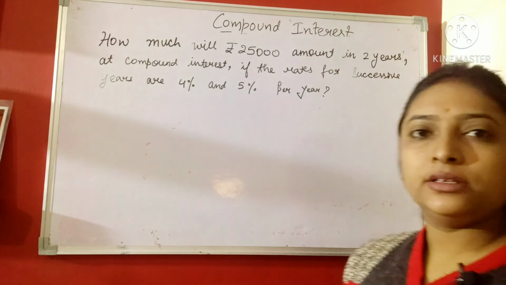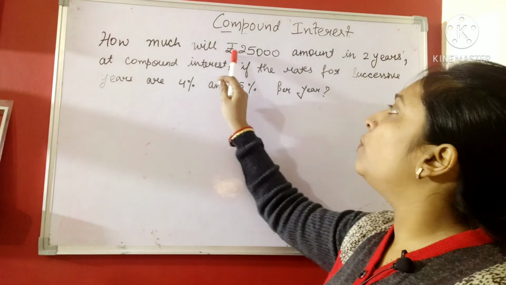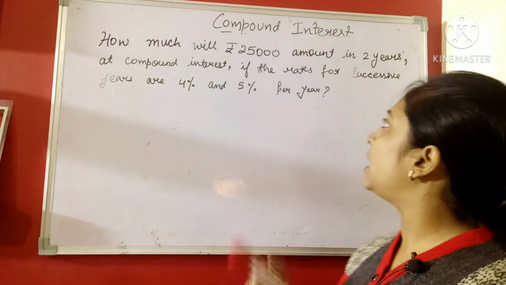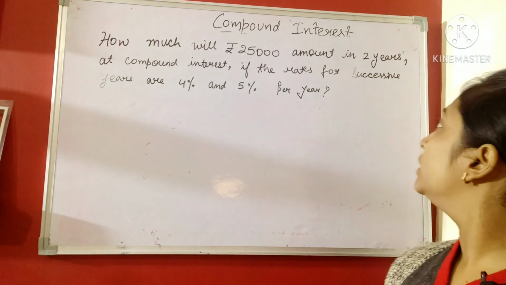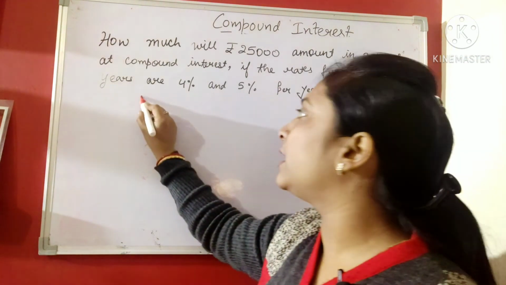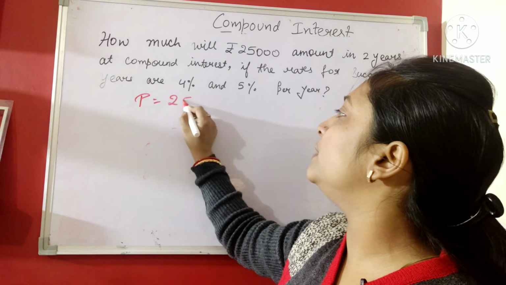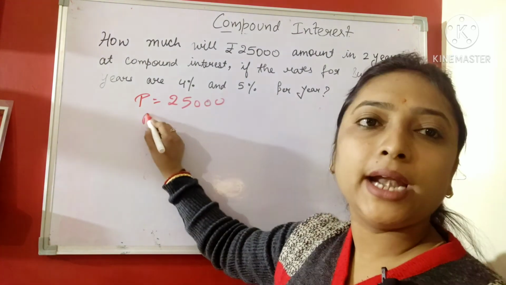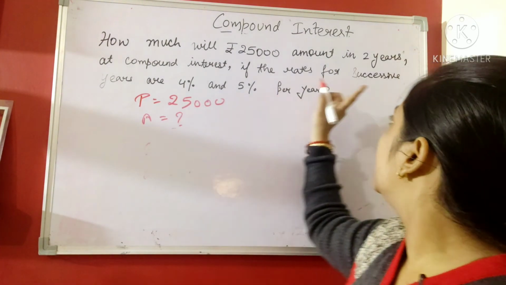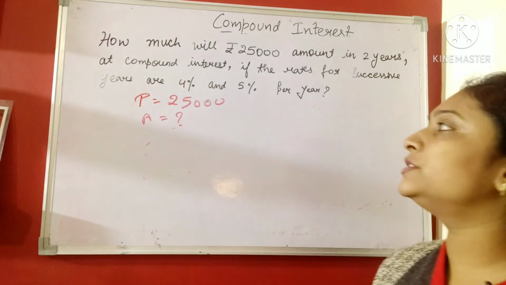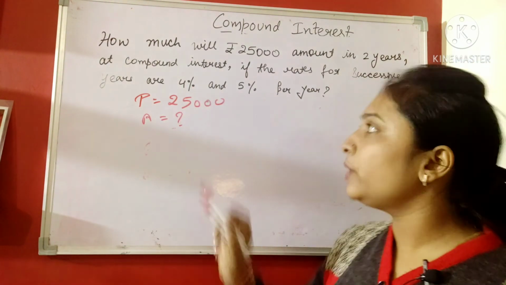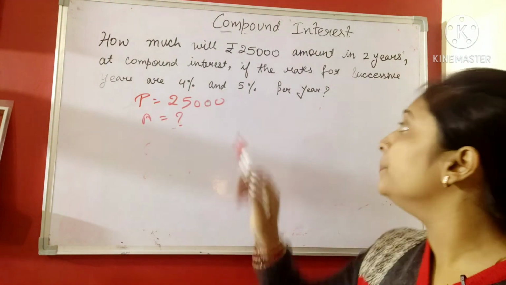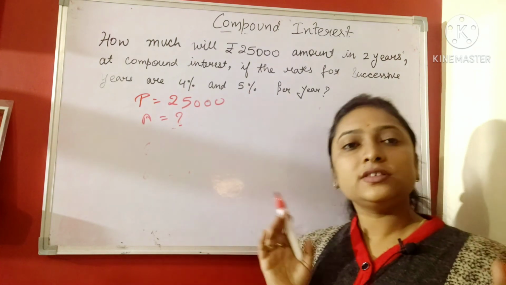Now see children, in this question, how much will rupees 25,000 amount to in 2 years? That means principal for this question will be 25,000 and amount is asked. Successive years rate of interest is given, which is 4% for the first year and 5% for the second year.